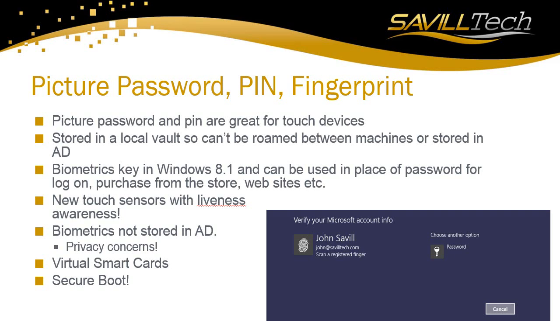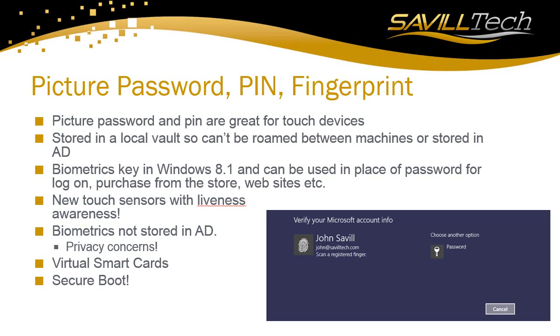But let's not be saying I am. What about saying I have? So smart cards are used in a lot of environments. And in Windows 8.1, we have virtual smart cards. What it's actually doing is leveraging the trusted platform module, so the TPM in your machine, and it actually creates a virtual smart card using the TPM. And this meets the requirements of a smart card. So it's non-exportable, it's isolated cryptography, and it has anti-hammering.